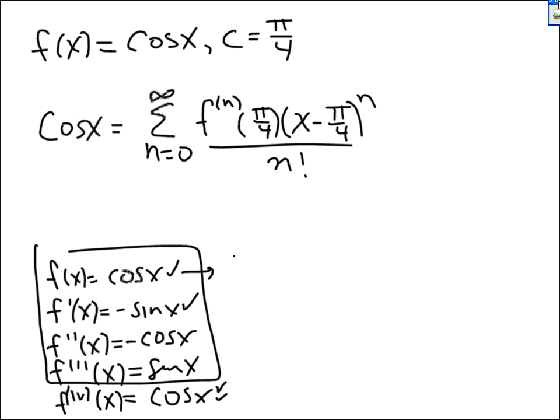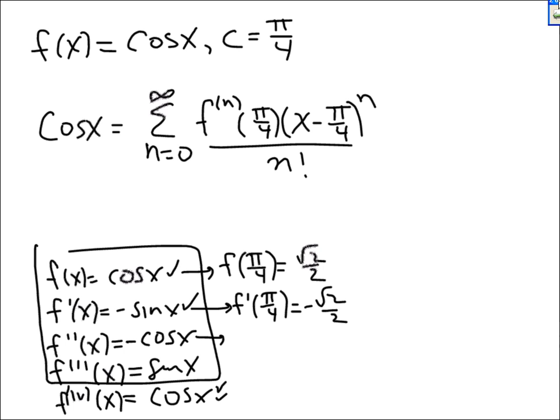Now, what is f of pi over 4? Remember, the sine of pi over 4 and the cosine of pi over 4 is square root of 2 over 2. So the cosine of pi over 4 is square root of 2 over 2. And negative the sine of pi over 4 will just be negative the square root of 2 over 2.